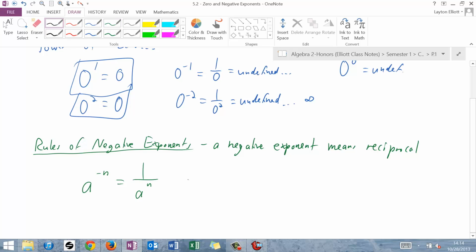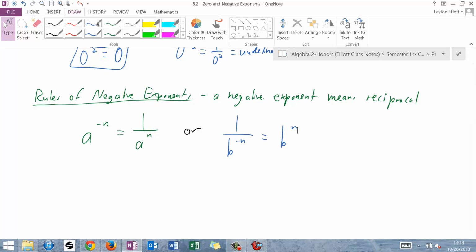Another way to carry this forward is that if I have 1 over b to a negative power, that's the same thing as b to the positive version of that power. Now there's a couple of disclaimers here. This is provided that a is not equal to 0, and also that b is not equal to 0, because you simply can't have 0 in the denominator.